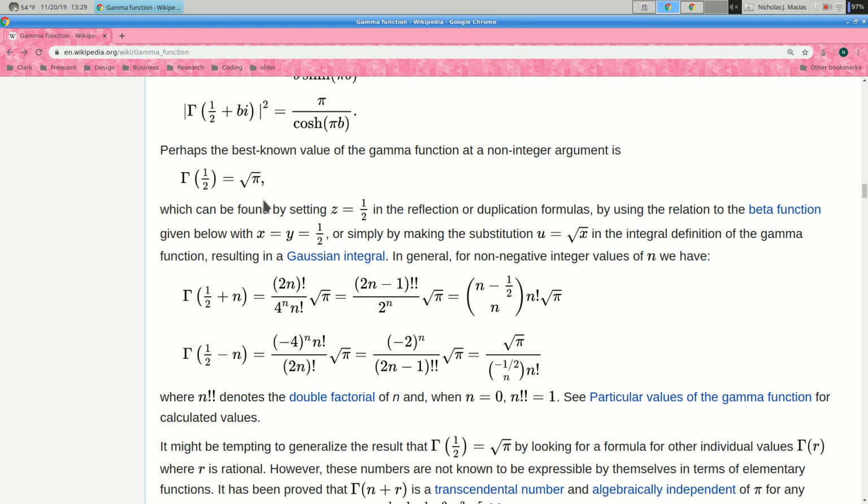That's pretty strange. Gamma 1/2 plus n is n factorial times the square root of pi times what we're going to call a combination, which is what we're talking about next. It's a number of unordered arrangements of n objects taken from n minus 1/2 objects. So there's all kinds of weird stuff, right? There's a double factorial. Those are big.